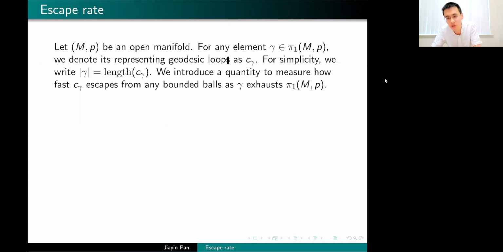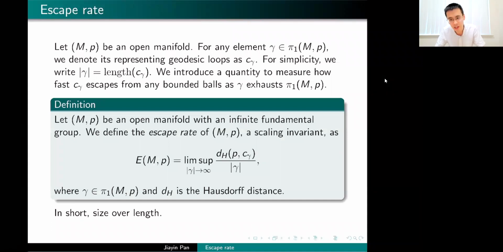We're going to introduce a quantity to measure how fast this representing geodesic loop may escape from any bounded set as gamma exhausts all elements in the fundamental group, because we have seen that these loops may escape from any bounded sets. So here we introduce a quantity to measure how fast they escape. Here is the formal definition.